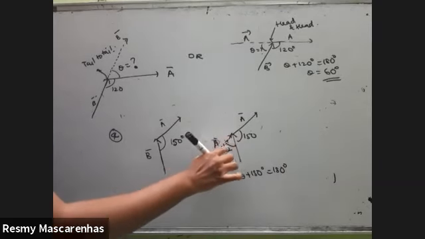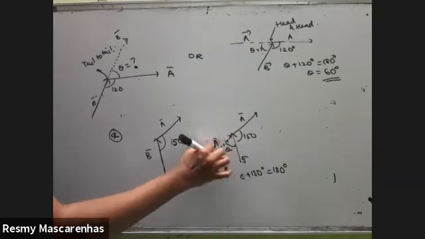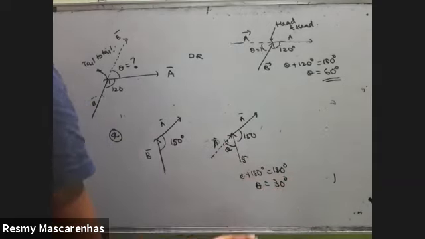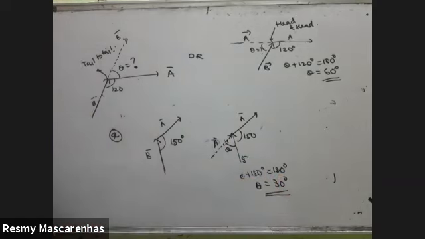Now it's head to head, so I can always calculate the angle between A bar and B bar. So theta will be 180 minus 150, which is 30 degree. Or if you shift B upwards also, you'll get the same thing. You have that this 180 degree line will become. So this is how you have to calculate the angle between any two vectors.